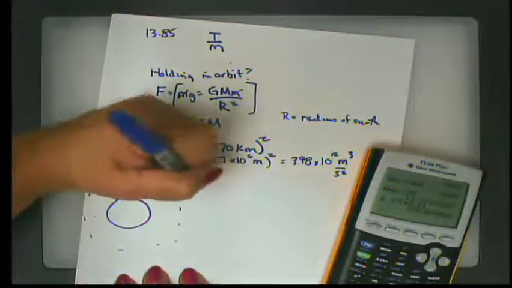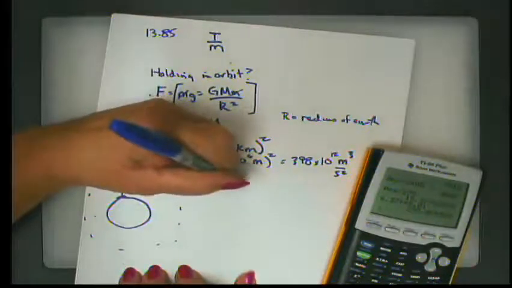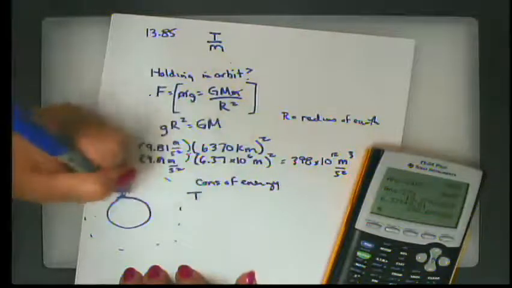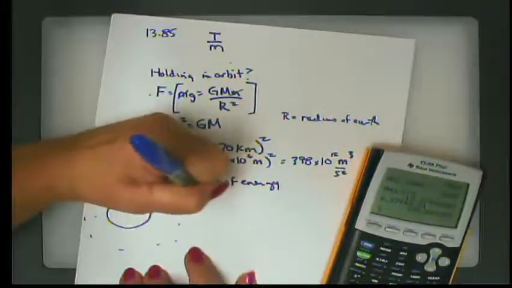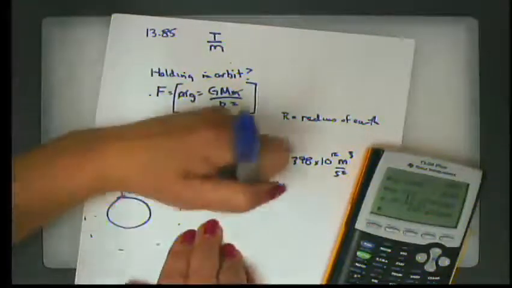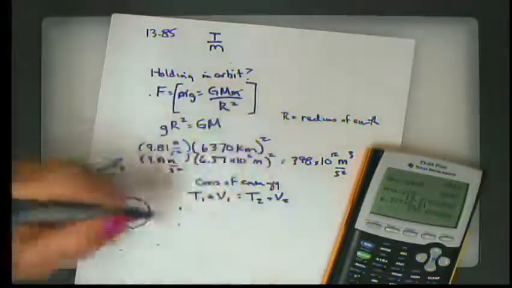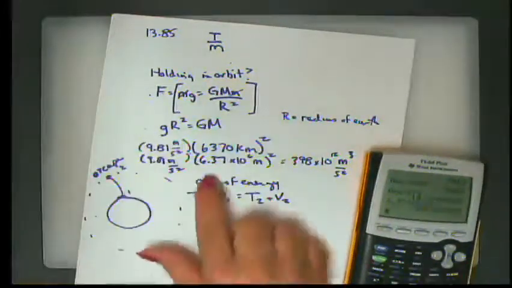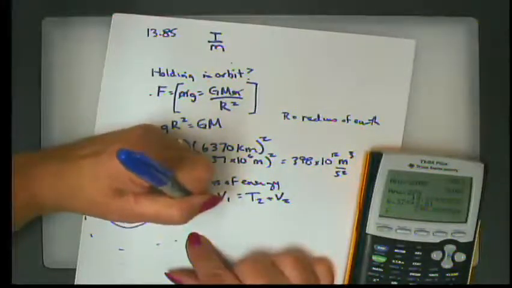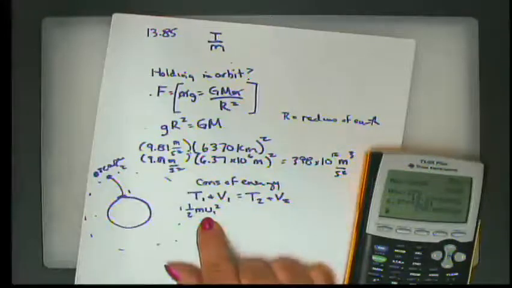So conservation of energy tells us that the kinetic energy at position 1 plus the potential energy at position 1 is going to equal the kinetic energy at position 2 plus the potential energy at position 2.